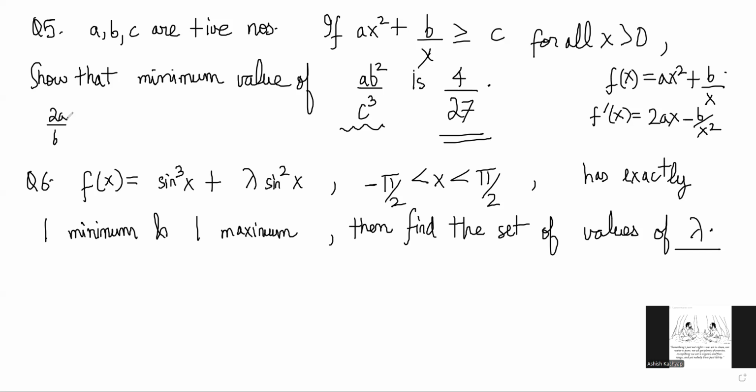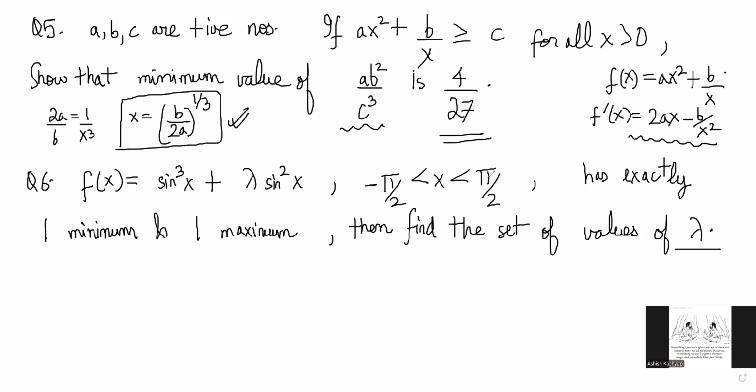So x should be (b by 2a) to the power 1 by 3. At this point, the derivative is 0. You can check the double derivative to check whether it is a point of maxima or minima. So double derivative is 2a plus 2b by x cube, right? Double derivative is clearly positive at this point. So therefore, this point is going to be a minima.